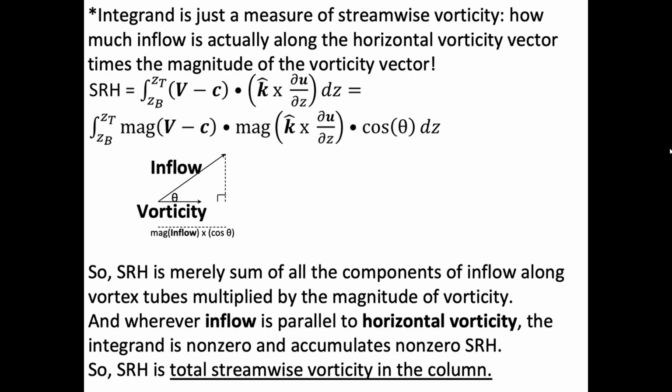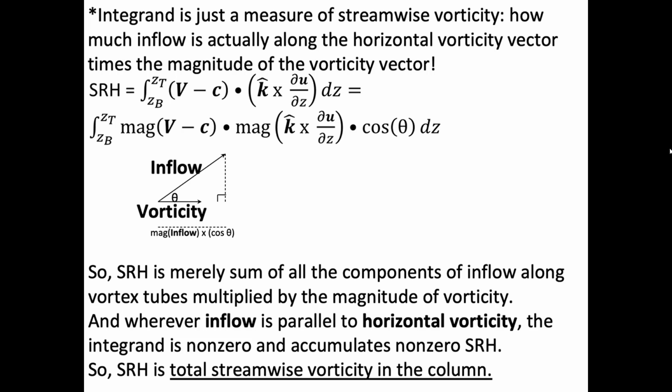So effectively what I've shown here is that by projecting that inflow vector onto the vorticity vector, we are able to compute the magnitude of the inflow vector times cosine of theta, which is how much inflow is along our vorticity vector.